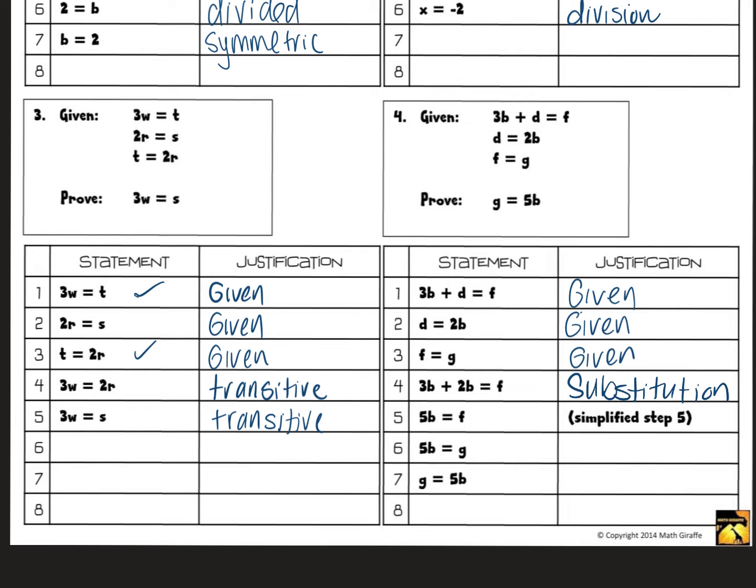All right, then they added the 3b and the 2b, so they just simplified step 4. And then they changed the f to a g because of 3, so that is substitution again, or transitive. And then they just flipped it around, so that is symmetric.